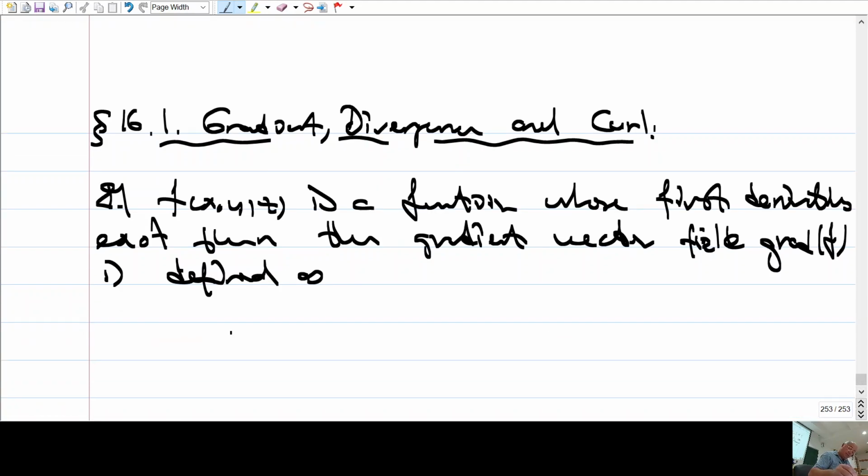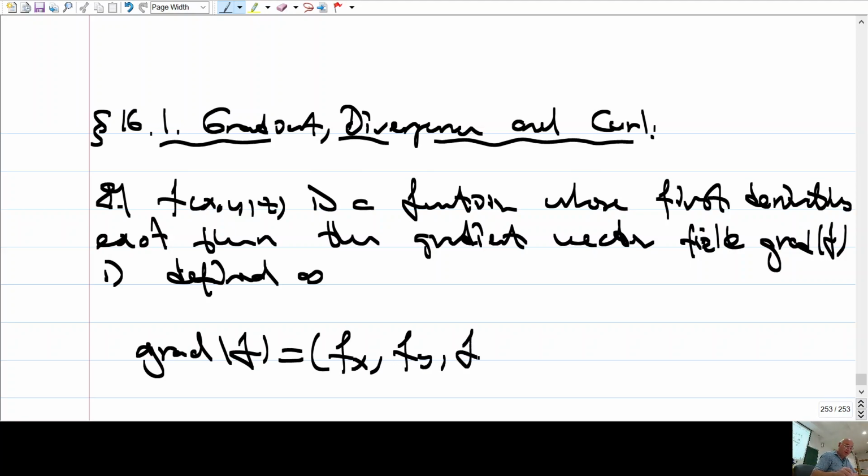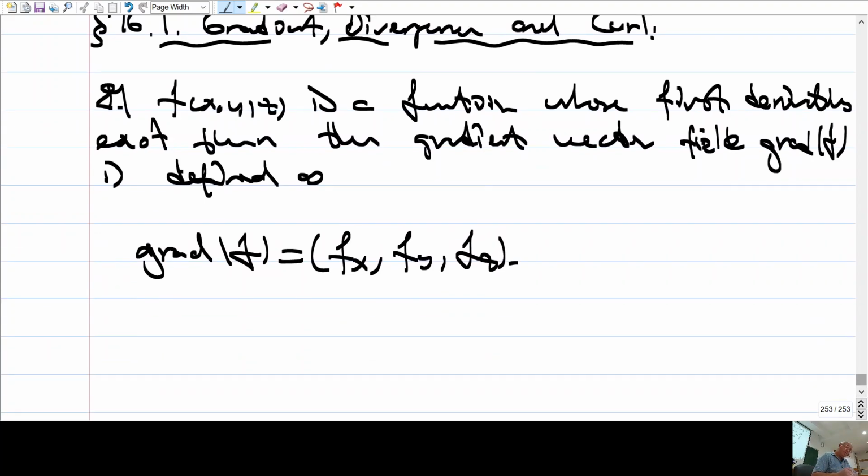as, we did this, right? Gradient of f is just f sub x, f sub y, and f sub z. Okay, so this way we obtain from a scalar field a vector field.